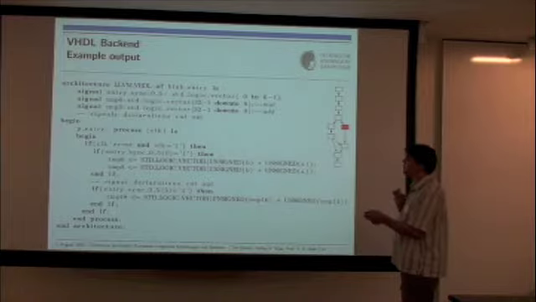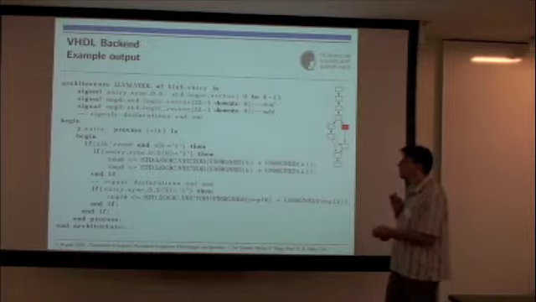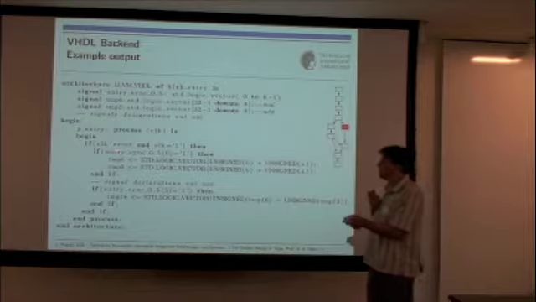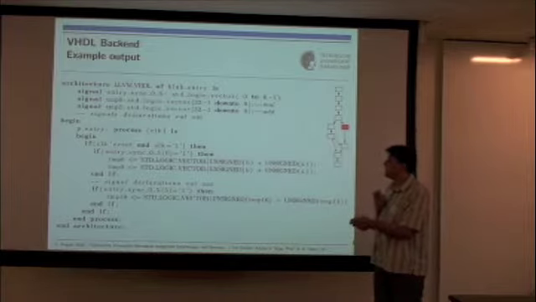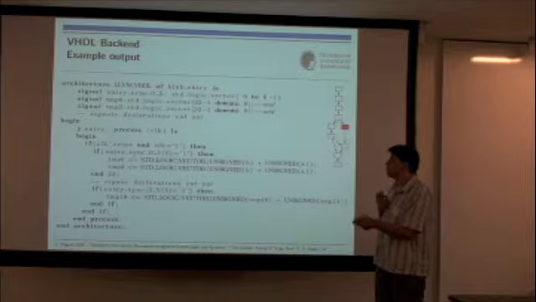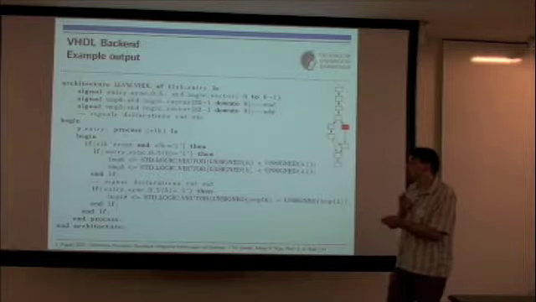We have some data registers holding results, and over here we have each clock step. We check, for example, if our shift register is currently driven, and then the hardware instructions are executed.